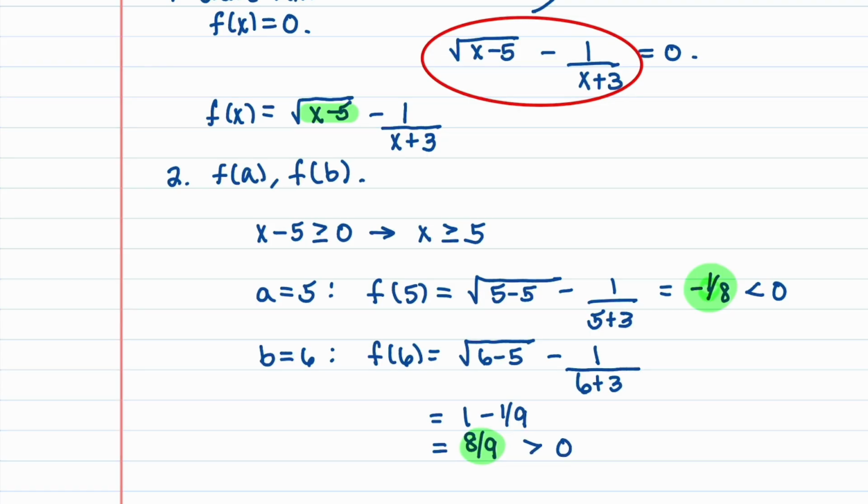So this is great. We found that f of 5 was less than 0 and f of 6 was greater than 0.